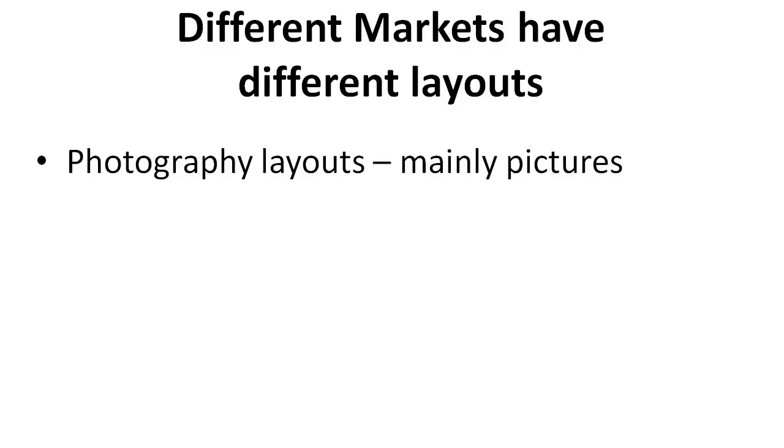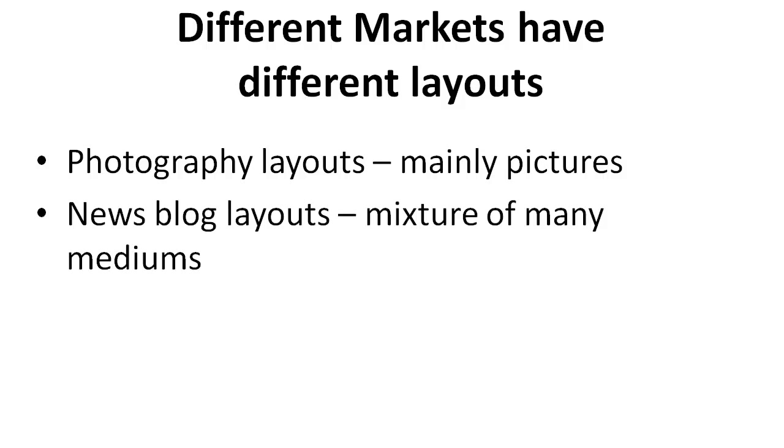So in designing a WordPress theme specifically for photographers of a specific niche, you probably want to make sure that it's easy for them to create galleries of photos or even portfolios where they can create galleries of their portfolio work. But when it comes down to, say, for example, a news blog layout, you have a mixture of different mediums. We have text, we have video, we have pictures, we have so many other different types of mediums in a news blog layout.